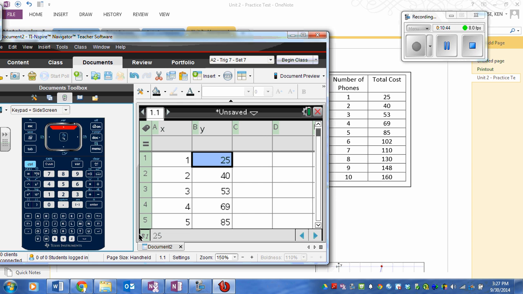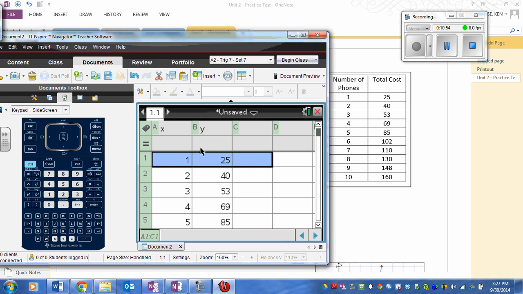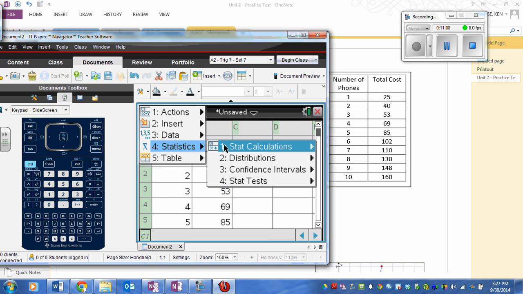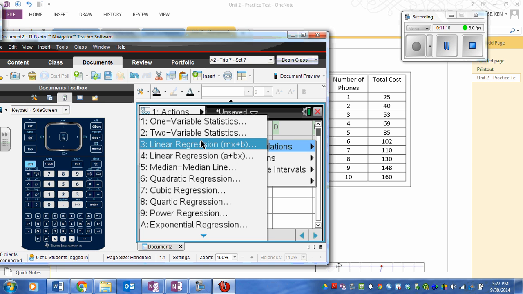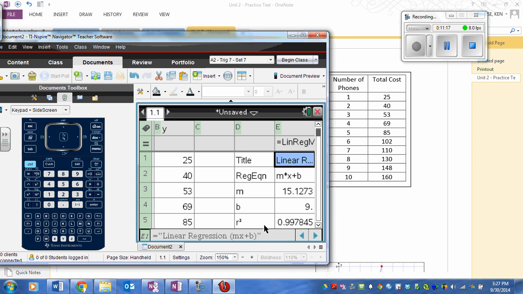So we're good. Cursor's got it there, so we hit menu, statistics, stat calculations, linear regression. I'm not sure if I had the right thing. Menu. Let's just do 4. Click on this, choose X, click on this, choose Y, click OK.